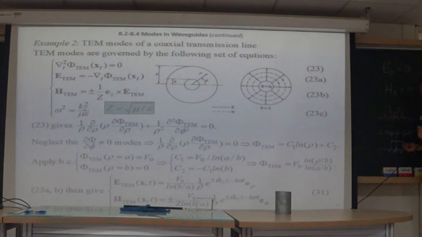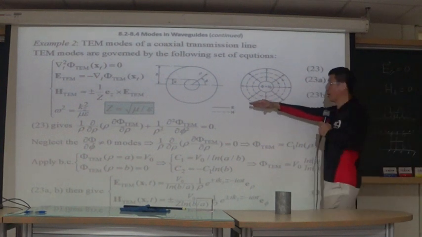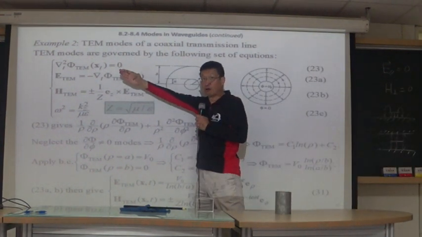That's microstrip, that's strip line. Okay? That's for transmission lines. It's very common for ICs and printed circuit boards, because it's convenient to fabricate. You will see many kinds of transmission lines later on, but let's focus on the simplest case, TEM mode.